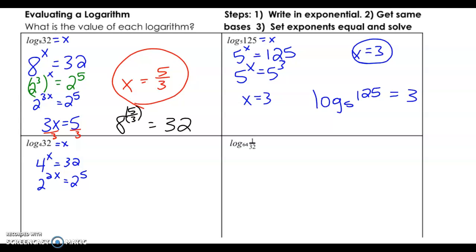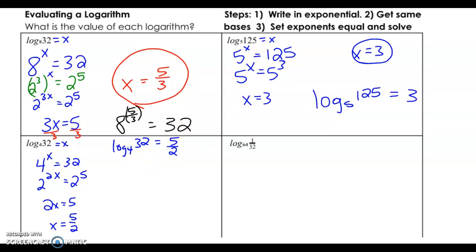Okay, this one's similar to the first one we did up here. So 4 to the x equals 32, we can rewrite 4 as 2 to the second, 2 to the 2x equals 2 to the fifth, and then again set those exponents equal to each other. So divide by 2, x is 5/2. So again, logarithm base 4 of 32 is 5/2.